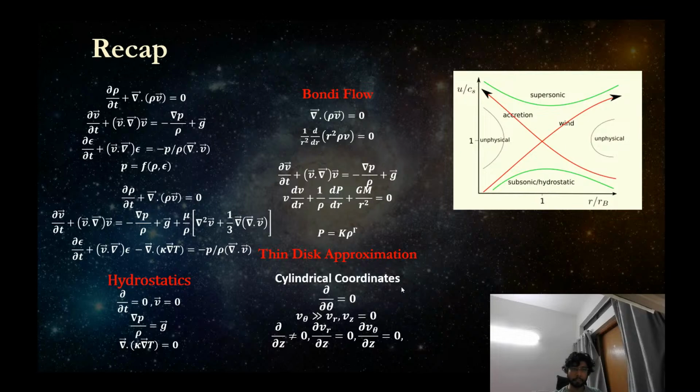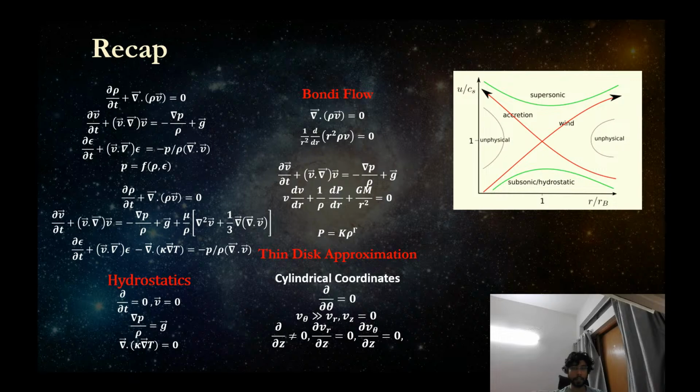So, okay, let's look at the assumptions first. One assumption is that since the matter is falling in a spiral path or in a circular manner, there is not much change in the theta direction, right? Also, the v theta should be much greater than the vr, because the matter is not falling radially, so the radial velocity is much less.